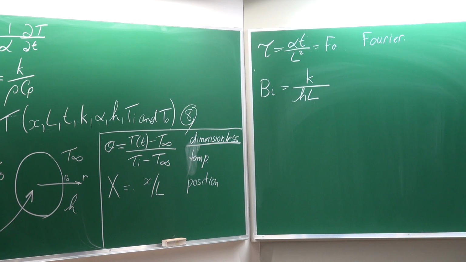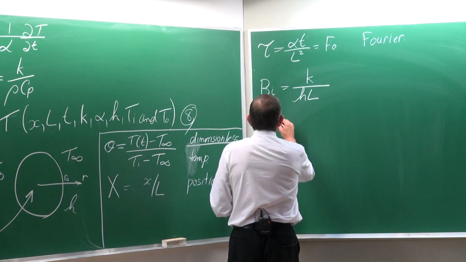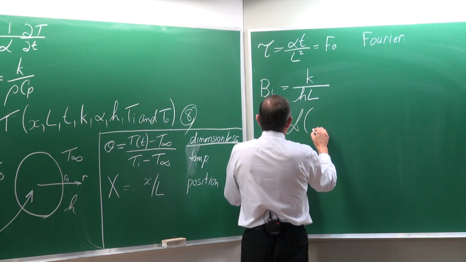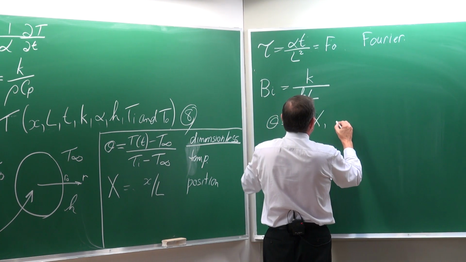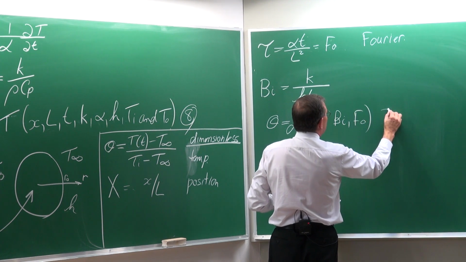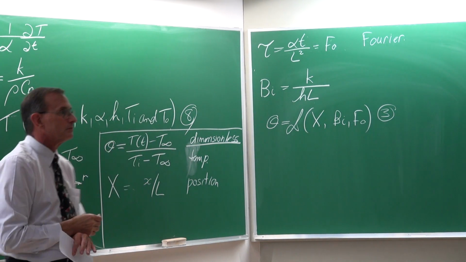So, why did we do all that? Well, the reason is very simple, because now we can write the non-dimensionalized temperature as a function of the position, the Biot number, and the Fourier number. So now we only have 3 variables, where previously there were 8.